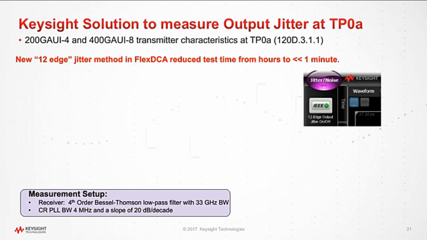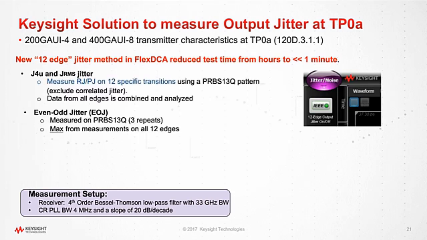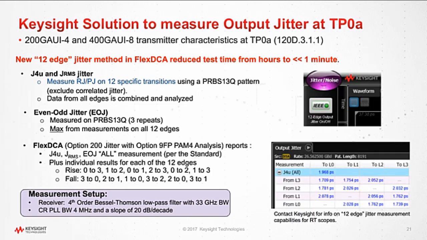So we measure J4U, JRMS, and even and odd jitter on that PRBS13Q, and we will report not just the parameters that are required by the standard, but also all of the individual results. So if there's something going on on a particular transition, you'll be able to see that that particular transition is dominating your result.